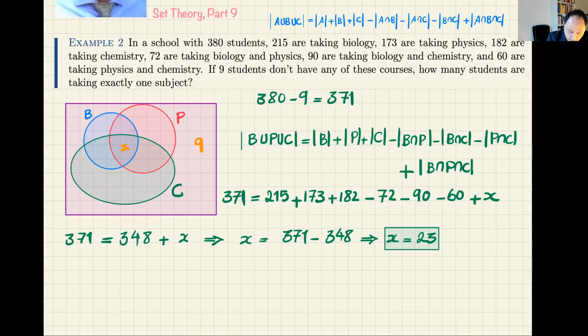Okay, now if I ask you how many people are here, this is easy because I know the whole people in the intersection of biology and physics. How many of them are there? Biology and physics: 72 of them are taking biology and physics. So in this part, there are 72 people, but 23 of them are here.